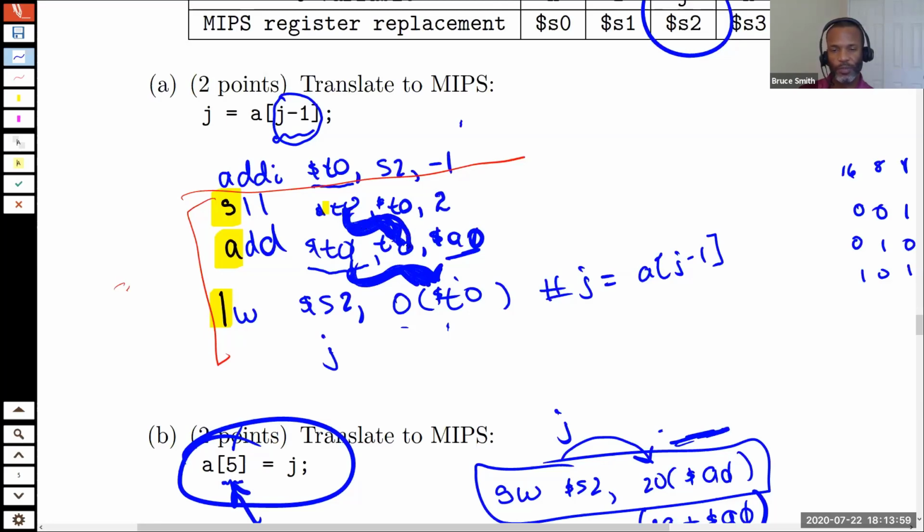Look at the T0: whatever this register is, it's ultimately going to be used to extract a value out of memory. And so that pattern is shift left, add it to the base of the array, or the first element in the array, and then use a load word to extract it.